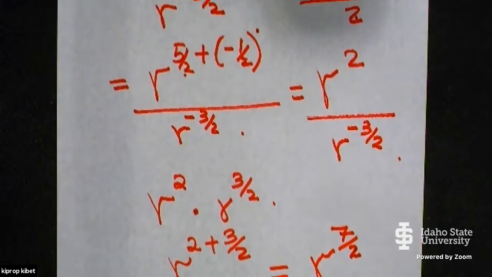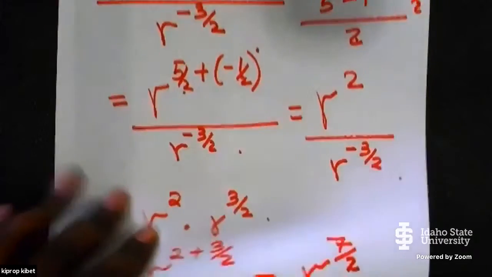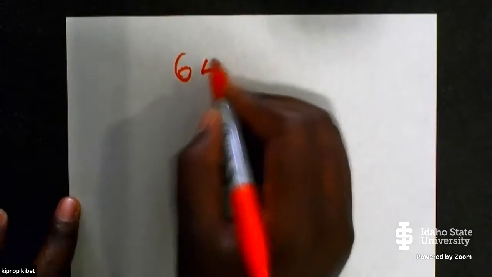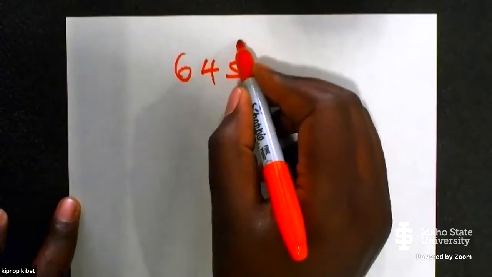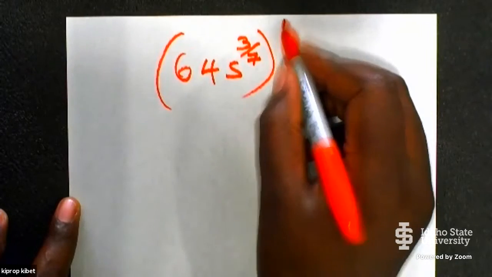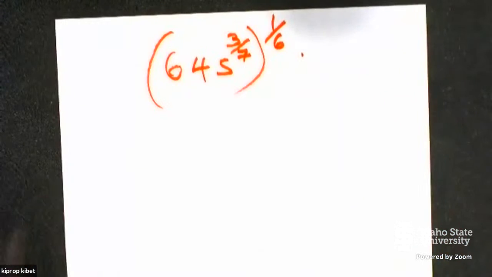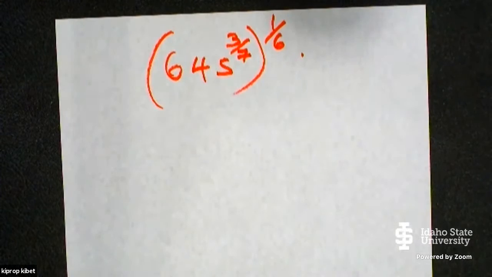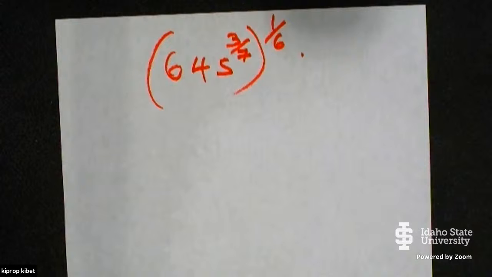All right, the last example. Simplify 64s raised to 3 all over 7, and then all of that raised to 1 all over 6. Now, how should we simplify this?